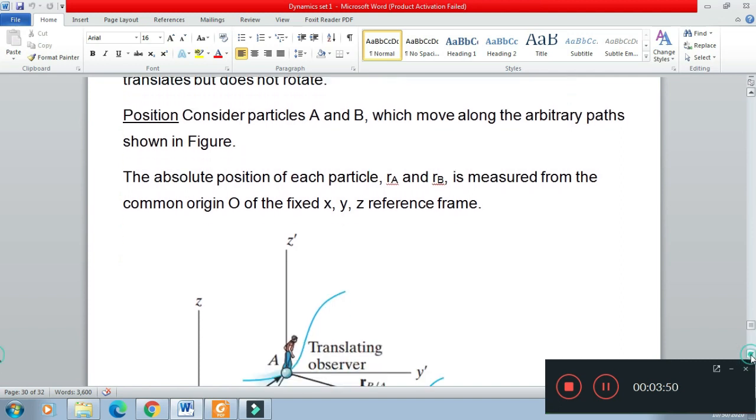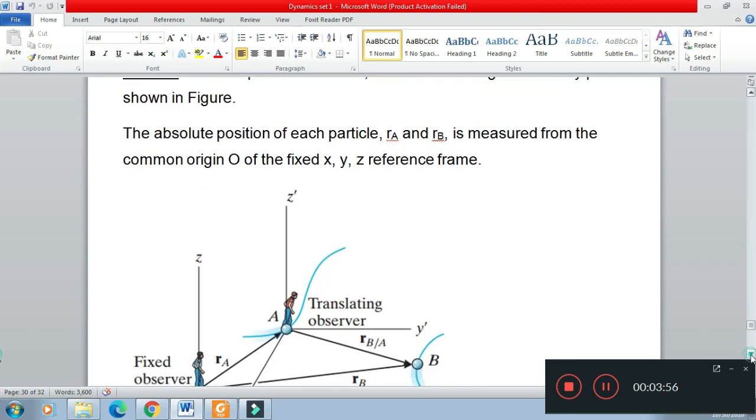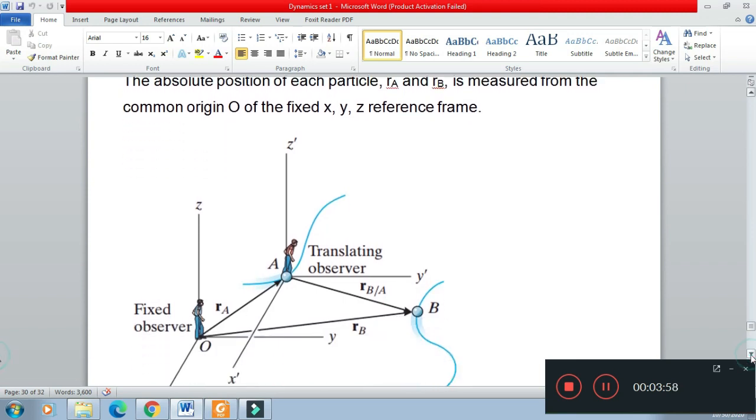Now suppose there are two particles A and B and they are moving. There is a fixed observer and the fixed observer is attached to the fixed system. The position vector with respect to the fixed observer of particle B is RB, and the position vector for particle A with respect to the fixed observer is RA.